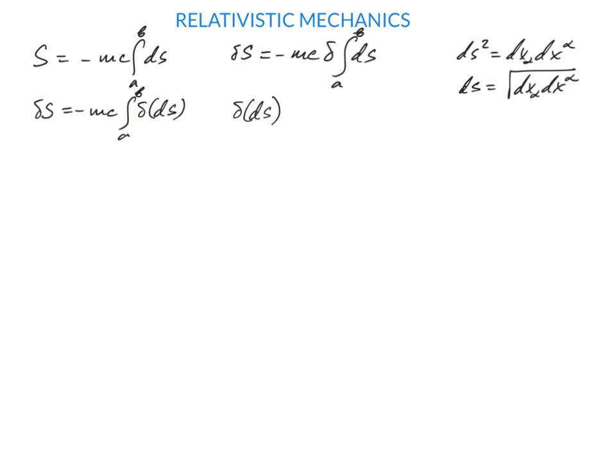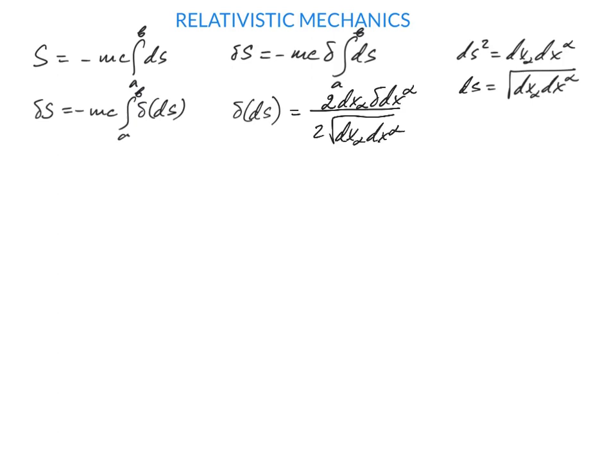Now, this variation will result in 2 square roots going to the denominator, and in the numerator we'll have twice dx alpha delta dx alpha.